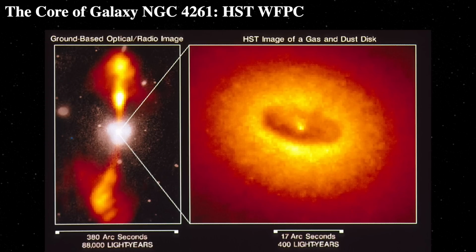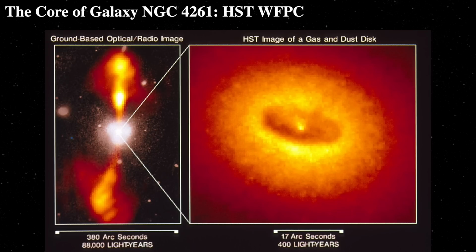Now, this particular black hole is roughly 400 million solar masses, and the disk in the Hubble image on the right-hand side is about 800 light years wide. That disk is material that's falling into the black hole. The whitish galaxy on the left-hand side is only about 60,000 light years across, but the jets each go about 88,000 light years along.